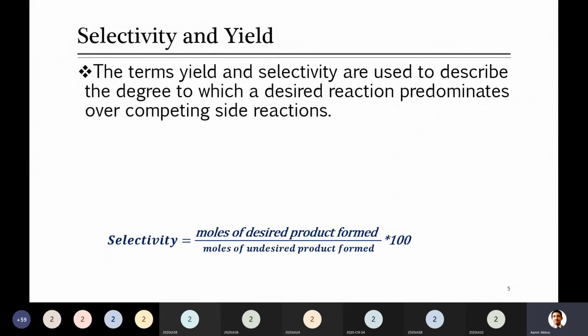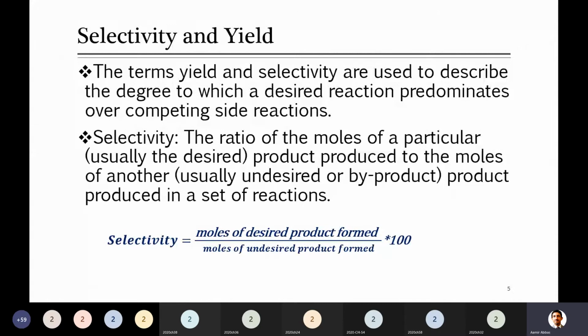So how do you define selectivity now? Selectivity and yield are always used when you are describing such reactions, where there is a desired reaction and at the same time there are also competing side reactions, or you can call them undesired reactions. When they are taking place, we define these terminologies, selectivity and yield.